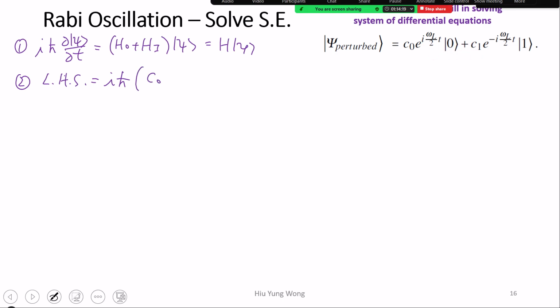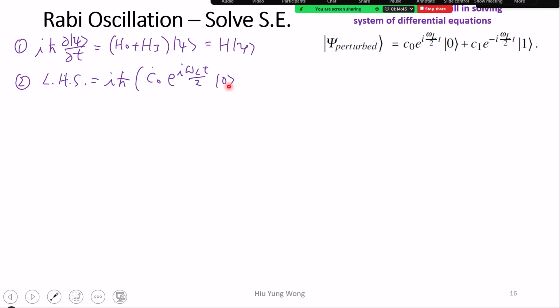First, C0 dot, which means ∂C0/∂t. I do the differentiation on this term first. So first, I differentiate C0, because this is time dependent, right? Times e to the power i ω_L t divided by 2, |0⟩.